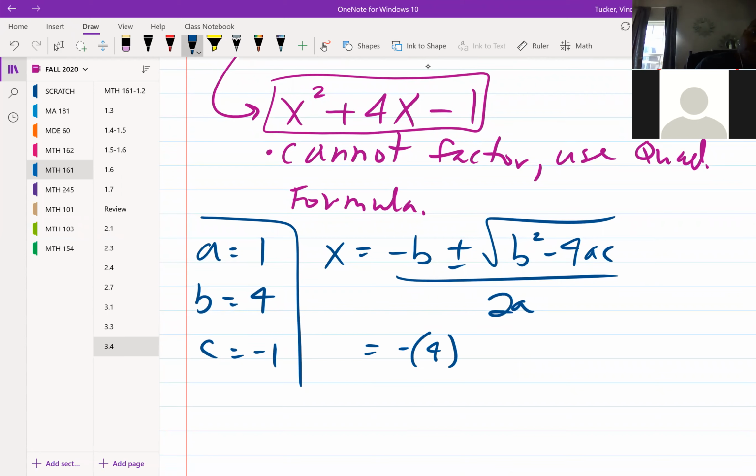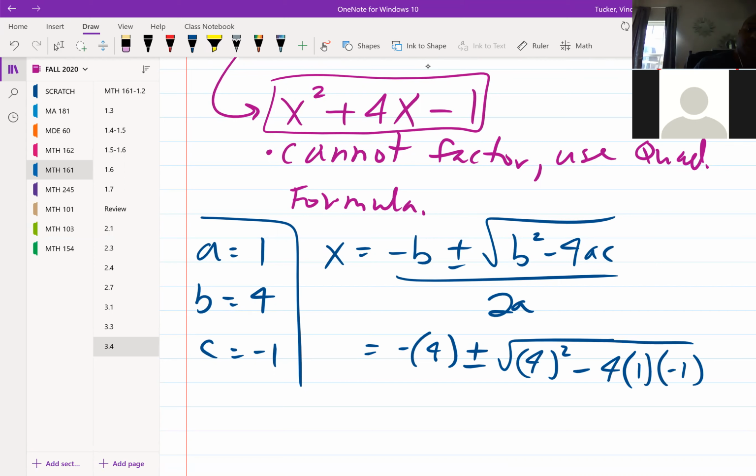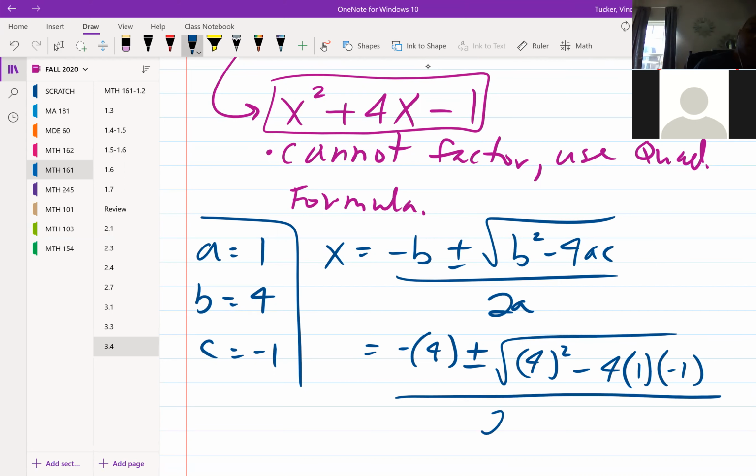So it's -4 plus or minus the square root of 4 squared minus 4 times 1 times -1, all over 2 times 1.